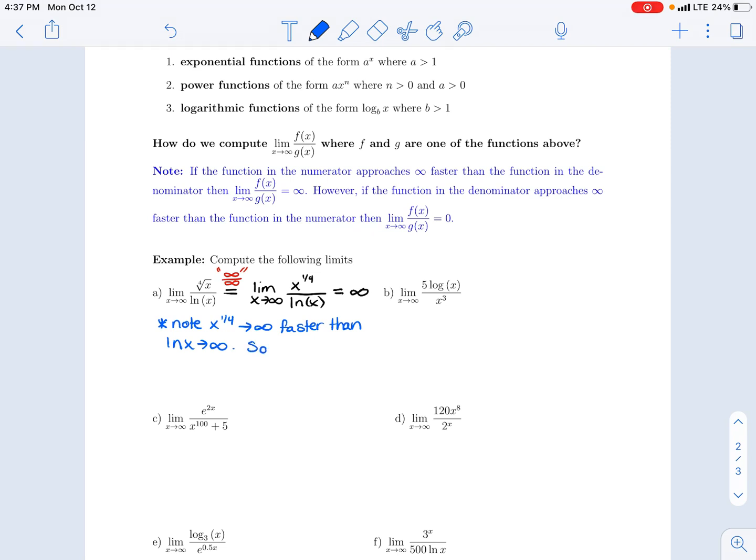So the limit as x approaches infinity equals infinity, since the numerator approaches infinity faster.